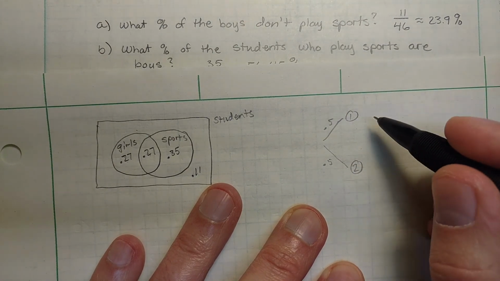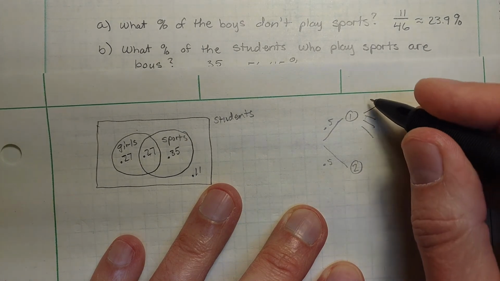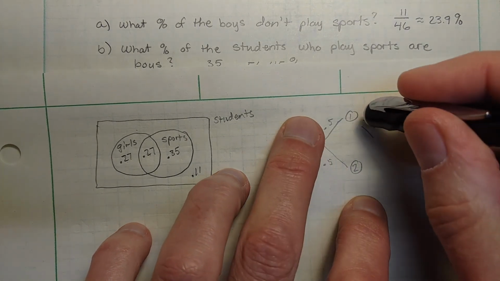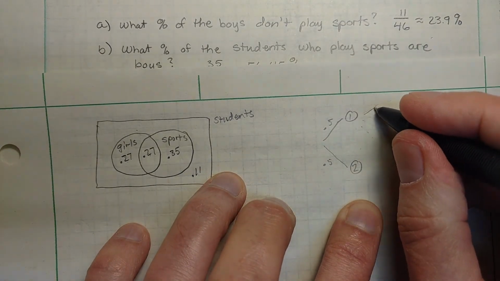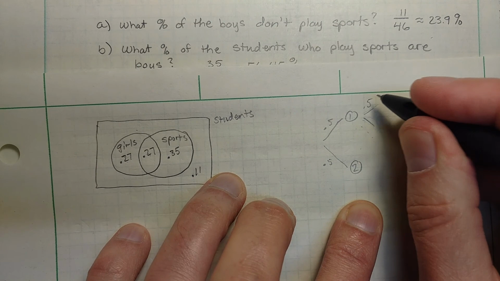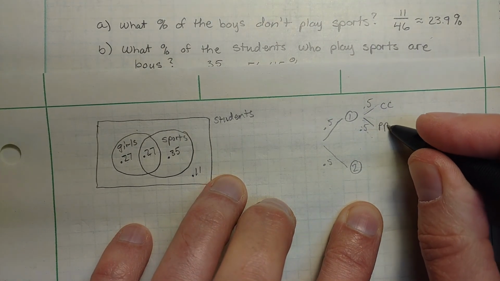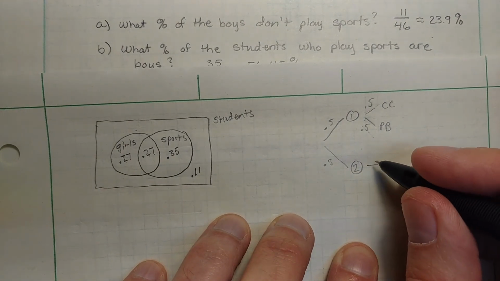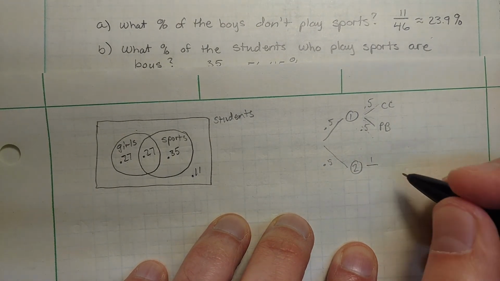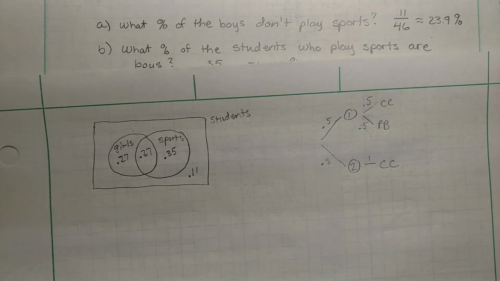And then if we pick jar 1, we really have 2 possibilities, chocolate chip or peanut butter. We have a 0.5 chance of going chocolate chip and a 0.5 chance of going peanut butter. And if we pick jar 2, it's a simple 1 chance of picking chocolate chip. There's no other option at that point.